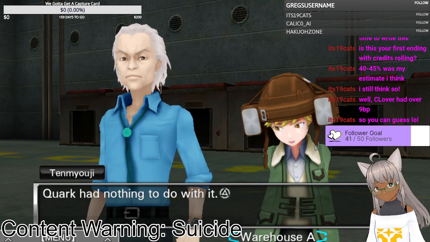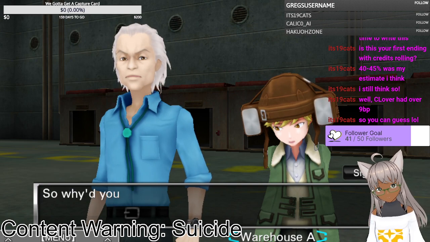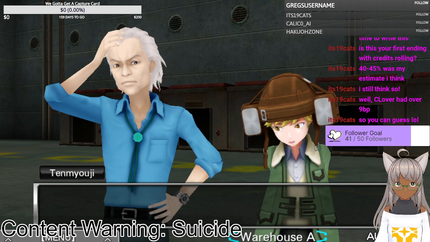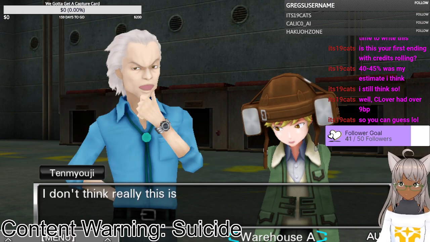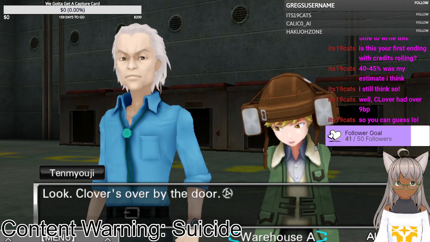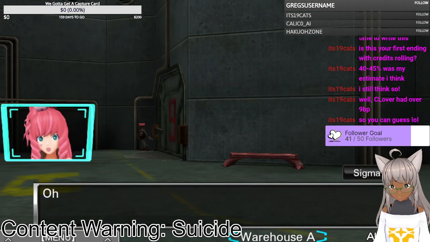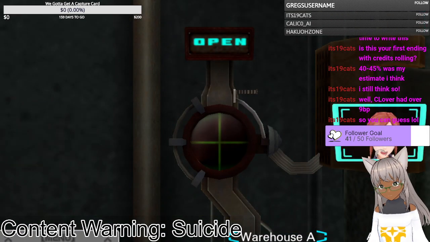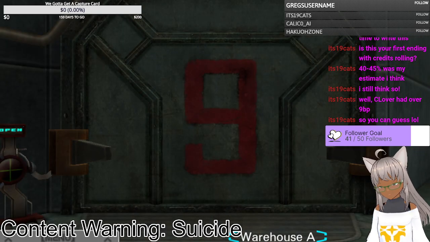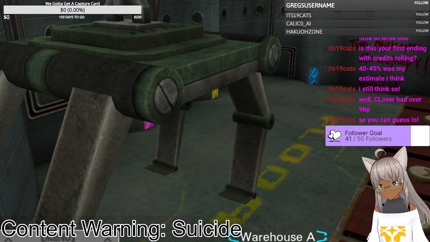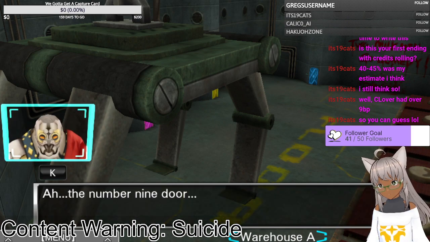Quark had nothing to do with it. Hey, I heard the vote. So why'd you choose Betray? Couldn't I ask you the same thing? I don't really think this is the time for a fight, though. Look, Clover's over by the door. What? Oh no. The number 9 door.